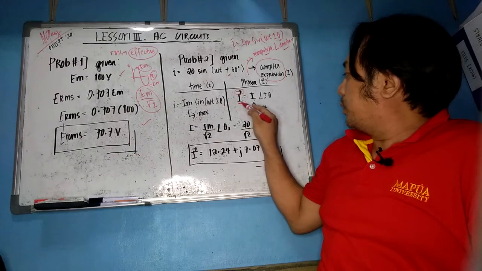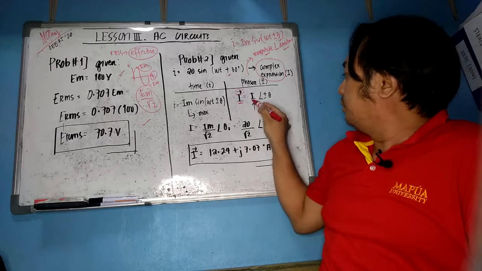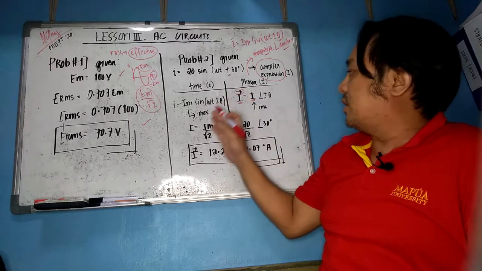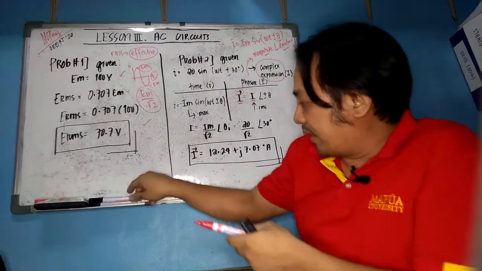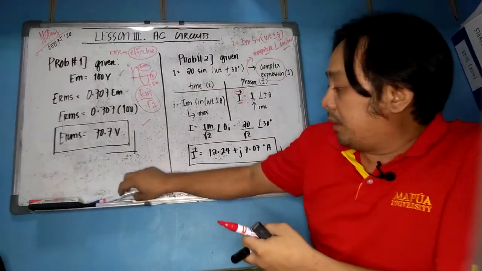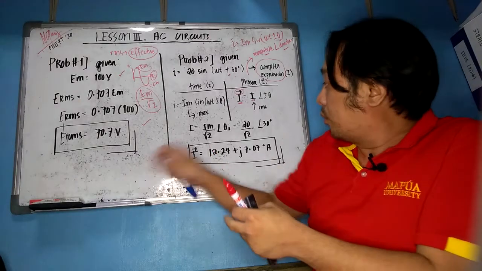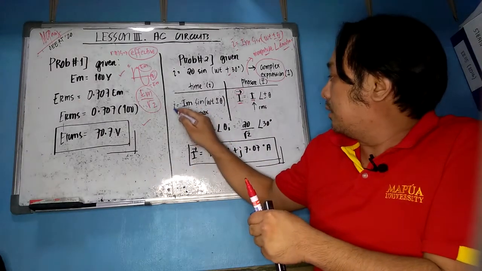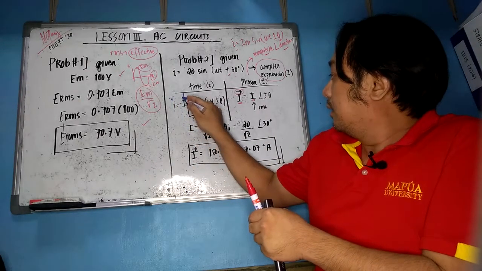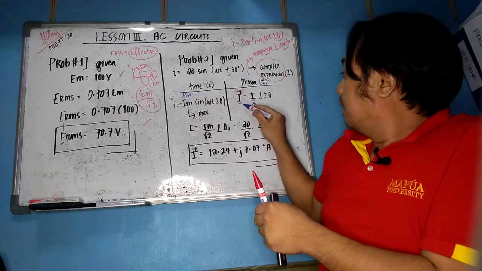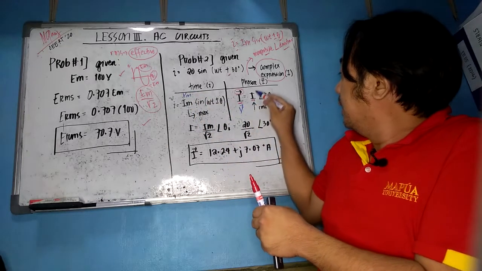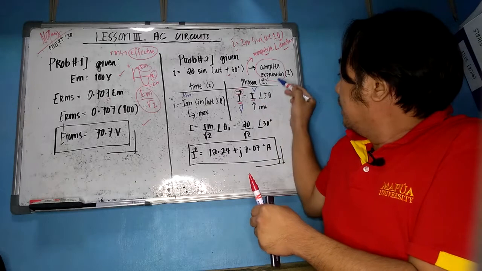A phasor expression has a magnitude of the current or voltage. This is a flexible formula. It can be either voltage or current. So this is small letter v, this is VM, capital V, and V here.